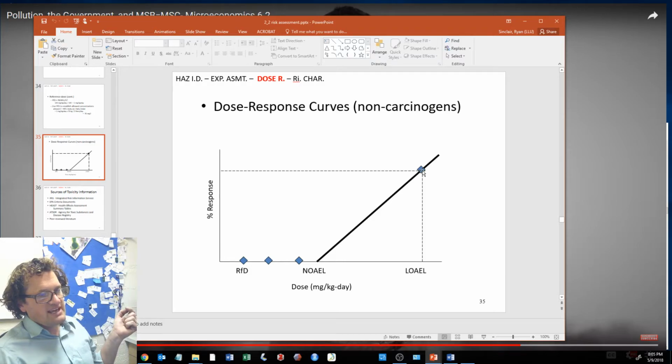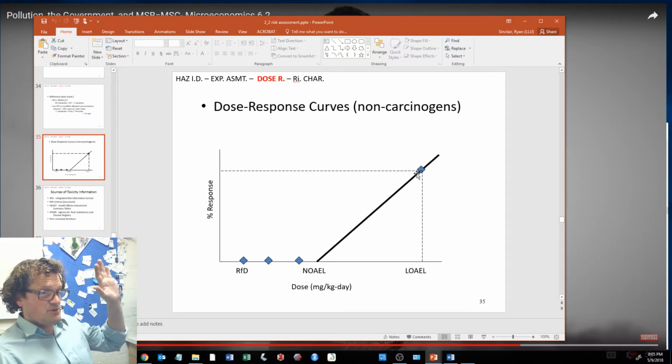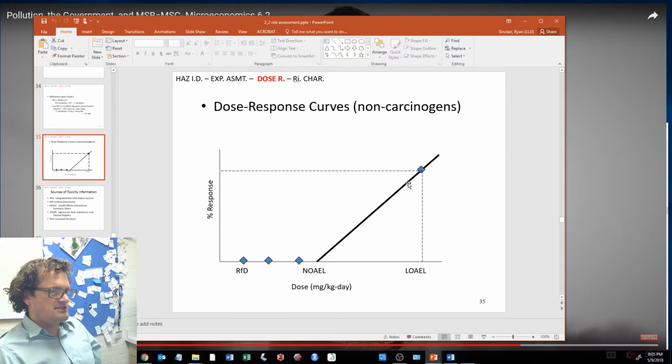But what we do to get it conservative, we go down, where's the no observed adverse effect level? From the data that they have, they might have other data points up here, so that they can interpolate a graph line down using usually just a simple equation modeling to do that. And then you get the line down here, and then you can say that would be the NOAEL.